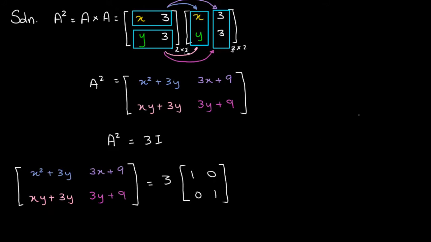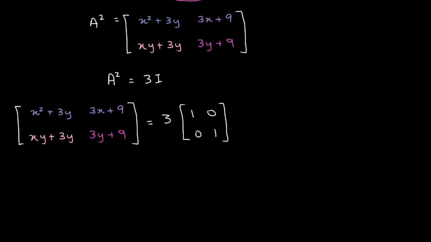For a 2 by 2 identity matrix it is 1, 0, 0, 1. And let's solve this further. If I perform scalar multiplication on the right hand side, I'll get 3I as 3, 0, 0, 3.